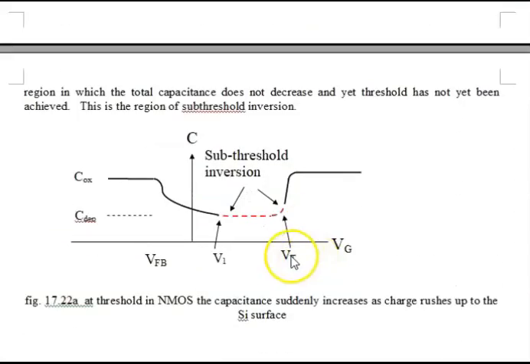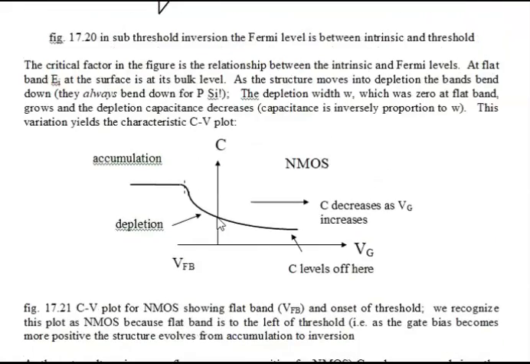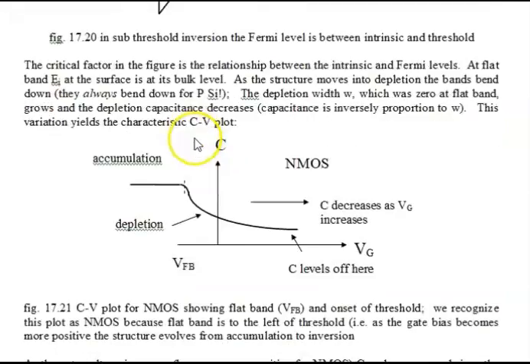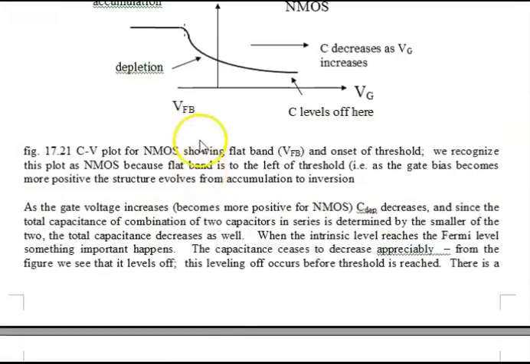And that is shown right here. So this is just a continuation of this diagram. Somewhere in here, there is a point where the intrinsic level crosses E sub F, and that's the start of weak inversion.